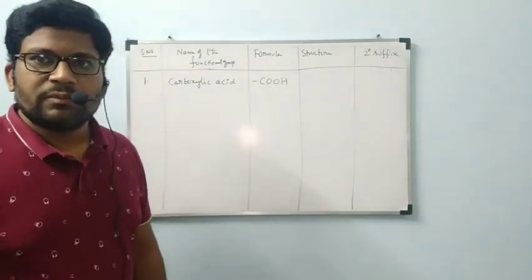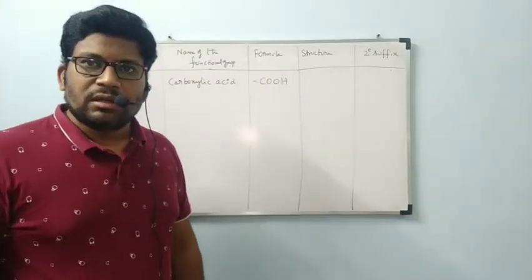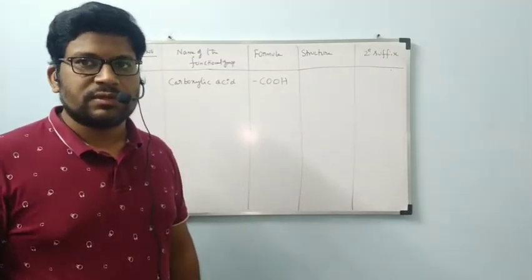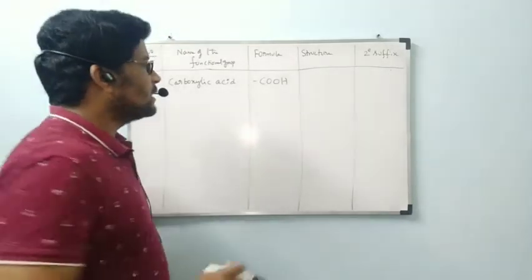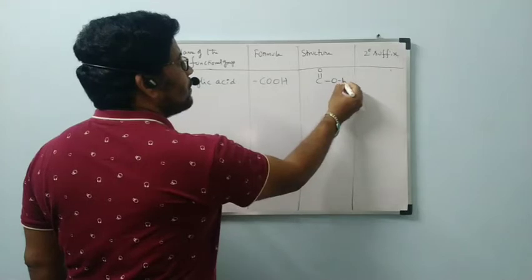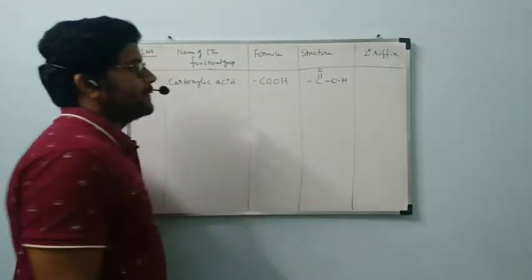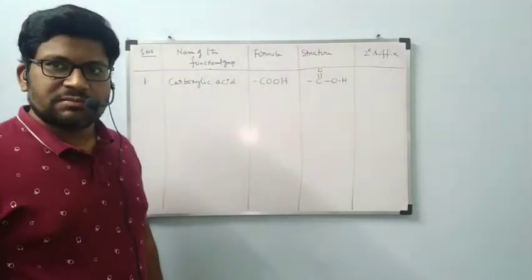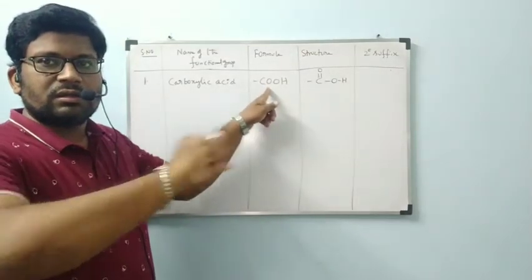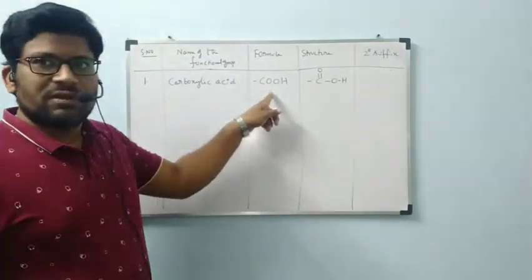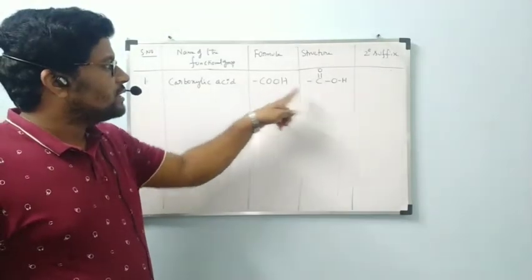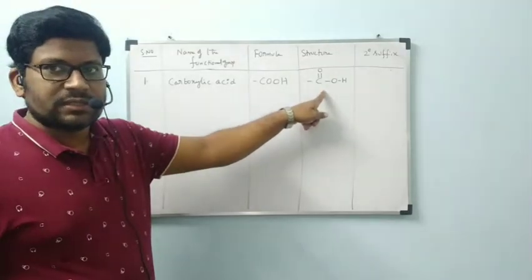If you see any compound which contains COOH, that category comes under carboxylic acid. Structure: C double bond O, OH. Structure means exact representation. In general we will write it in order; this is like the compressed form, this is the expanded form. COOH, like this structure.